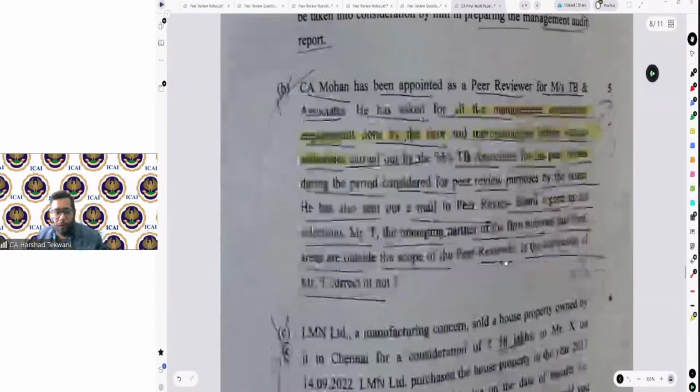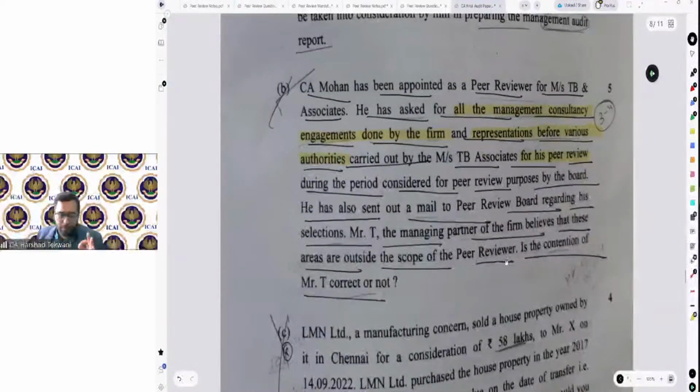First of all, when I'm talking about peer review, the question talks about whether the management consultancy engagements done by the firm and representation before various authorities are correct. To answer this question, you first need to identify the provisions relevant to this particular area. What will those provisions be?